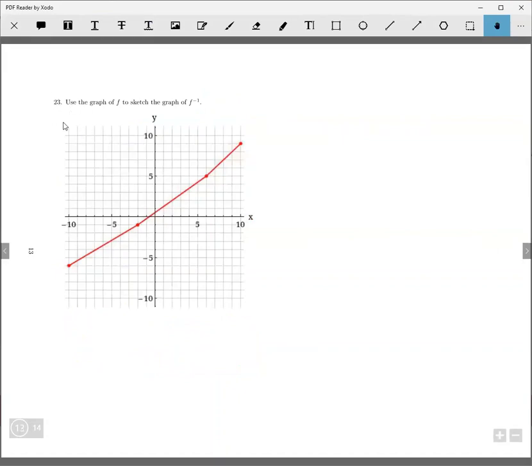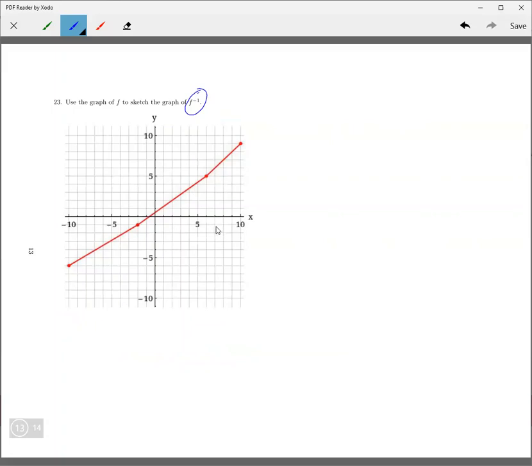Okay, so number 23 was use the graph of f to sketch the graph of f inverse. The easiest thing to do here is you've got these points right here, so we identify what those points are. This is negative 10, comma, negative 6.